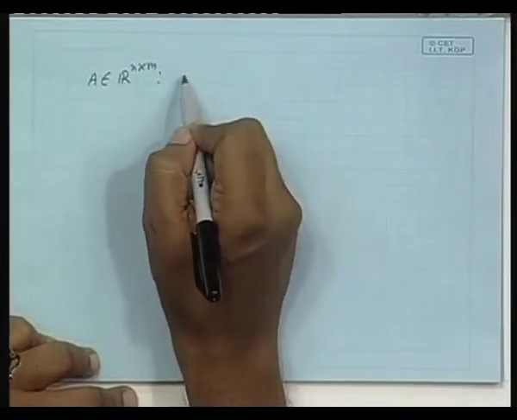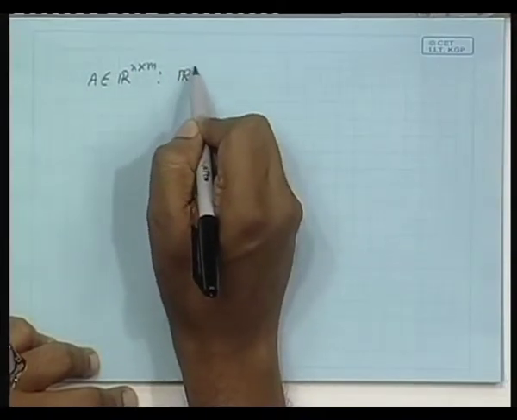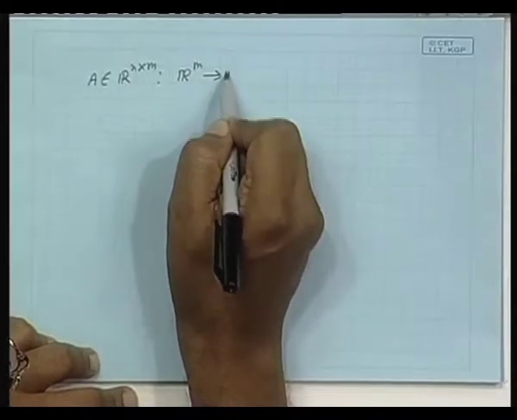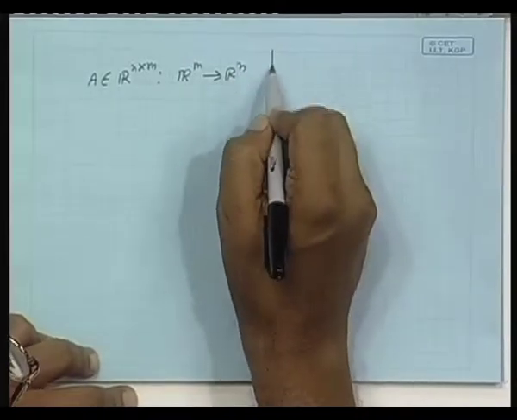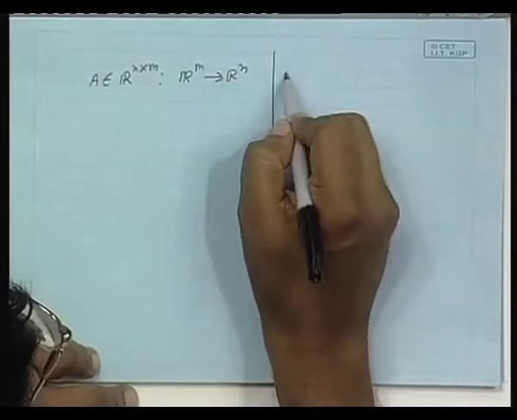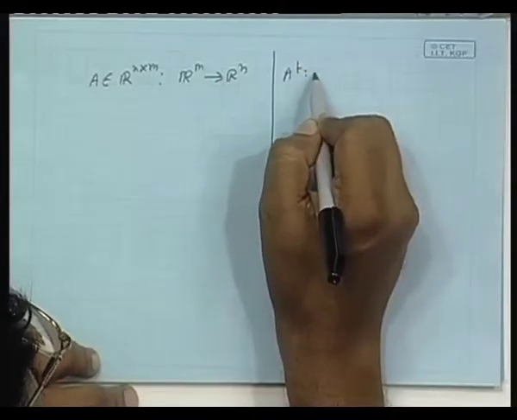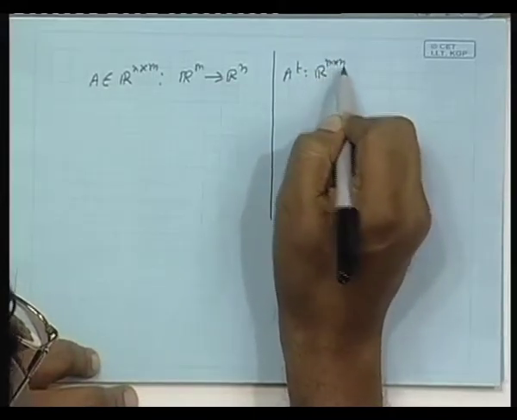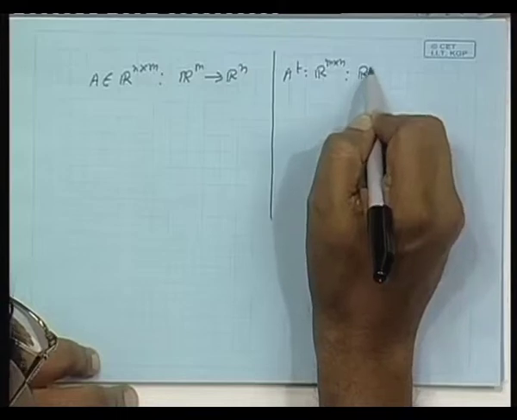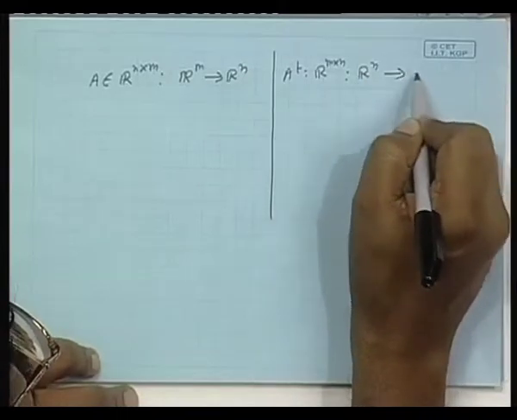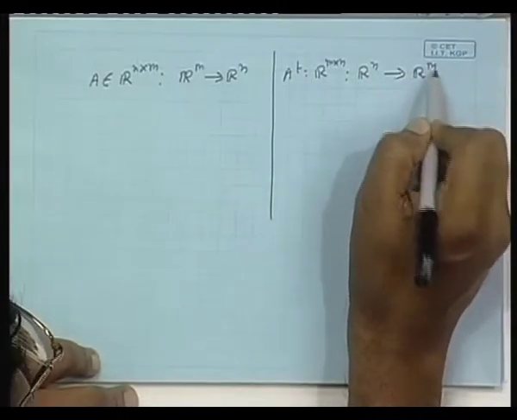That means it is mapping R m to R n. On the right side, I take the case A transpose, which is R m cross n. By the same token, it is taking R n and mapping to R m.